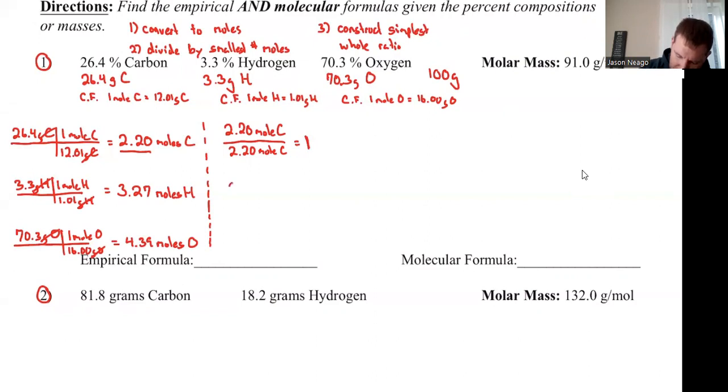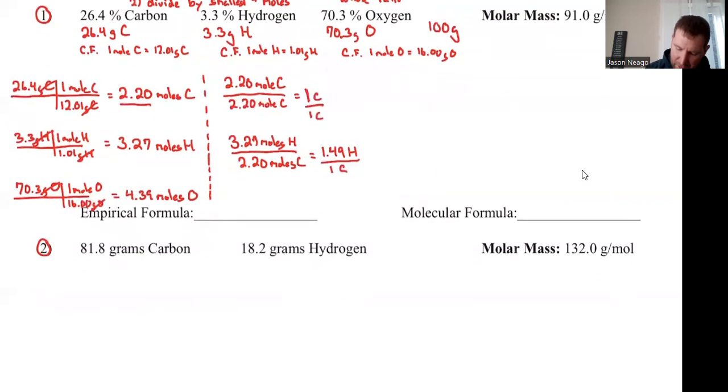Okay, the next one is hydrogen, so 3.27 moles of hydrogen, and I'm going to divide that by 2.20 moles of carbon. When I do that, 3.27 divided by 2.20, I'm going to get 1.486. So we're going to round that to 1.49. So essentially, I have 1.49 hydrogens for every 1 carbon, and 1 carbon per 1 carbon.